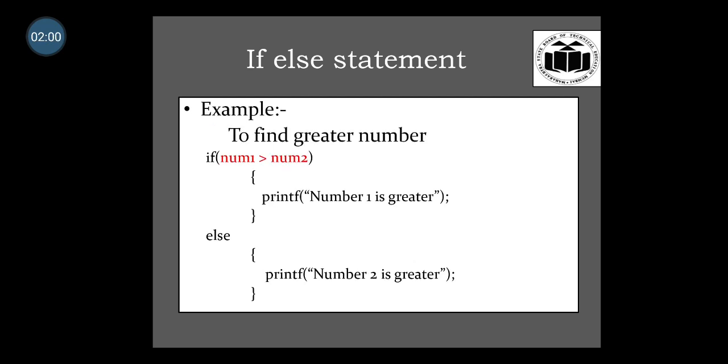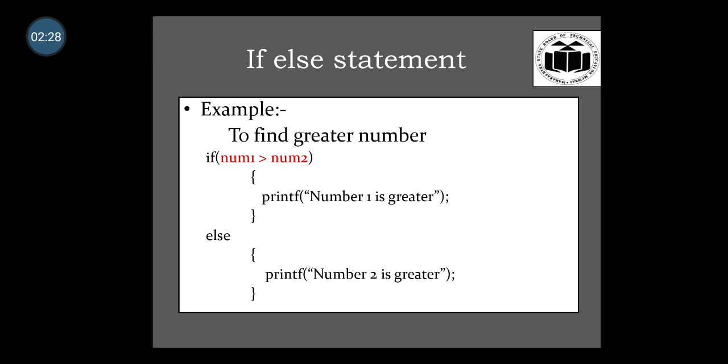For example, if you want to find the greater number among two numbers, num1 and num2, we have to give the condition: if num1 is greater than num2, that means the condition gets true when num1 is greater. Then in the true block statements, we print number 1 is greater.